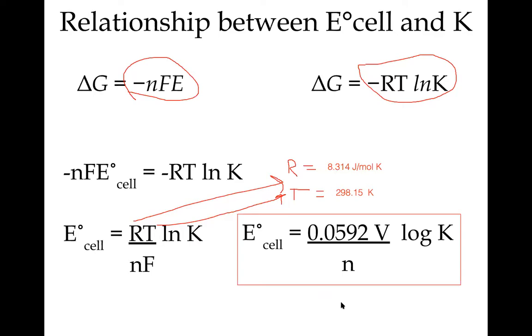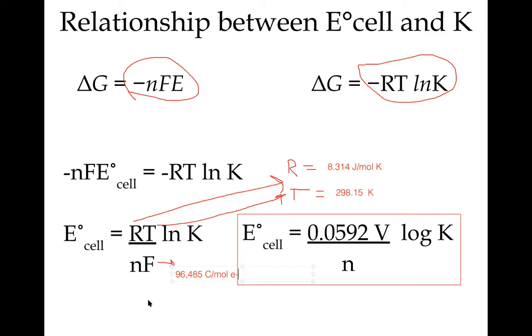Sorry, there we go. F, all that for just this. F is equal to 96,485 coulombs per mole of electrons.